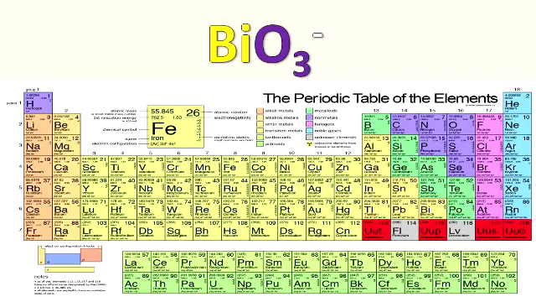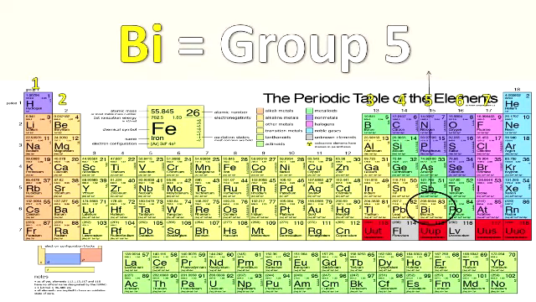Next is A, the total number of electrons available in the valence shell of all the atoms. So first off, let's have bismuth. Bismuth is a group 5 element. The group of an element also describes its outer electrons, or the electrons in the valence shell of the atoms.